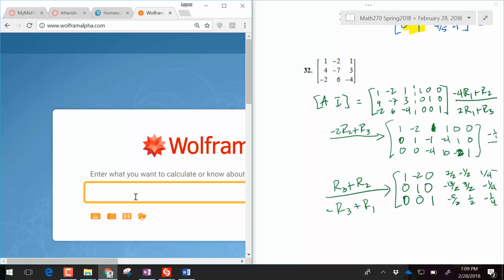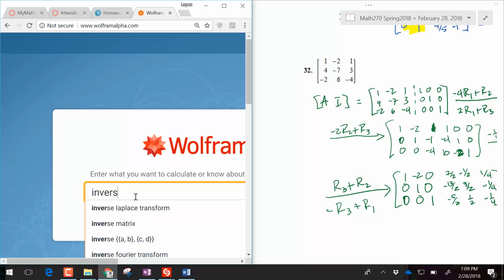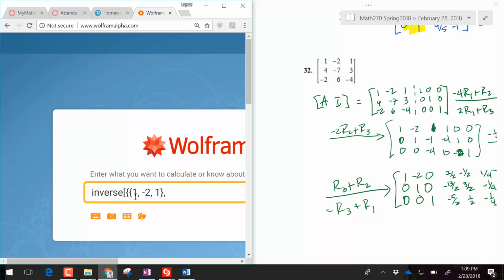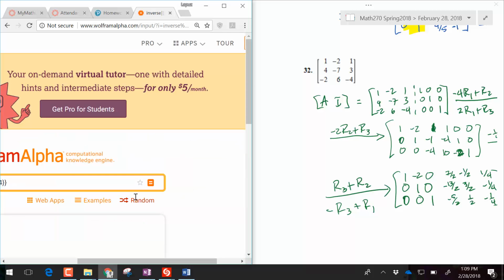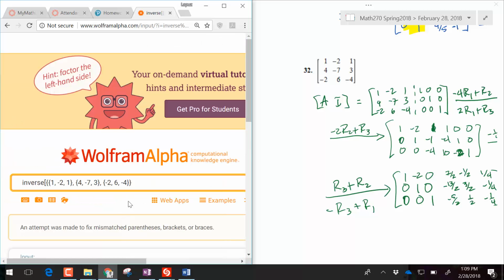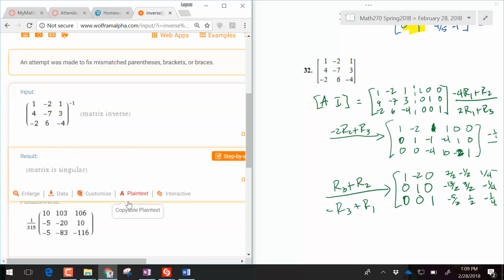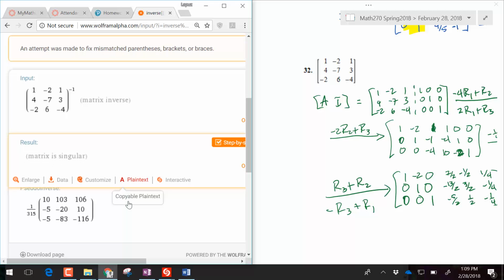All right, let me try Wolfram. Damn it. Where did we make our mistake?